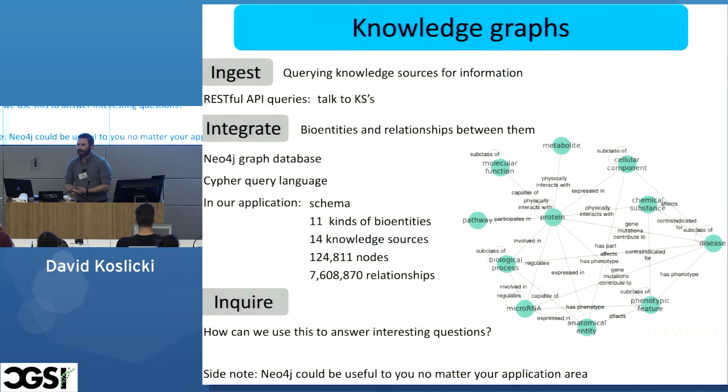We all know in computational biology, networks and graph algorithms show up all over the place, as well as it's a great way to express information in a biological system. So Neo4j might be something that could be interesting to you to utilize in your project, no matter what your application area.